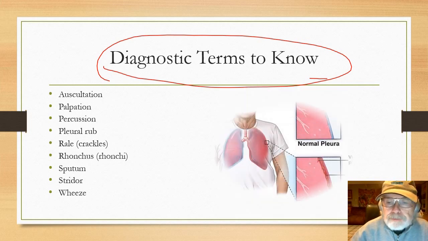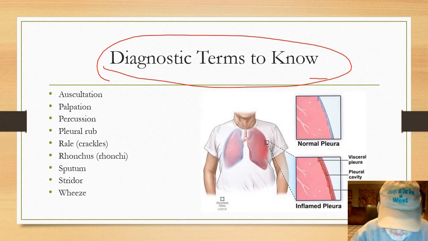A pleural rub. We know the pleura is that membrane that lines the inside of the chest and covers over the lung itself. Sometimes there'll be some inflammation of that pleura, and instead of being nice and smooth and slidey, it becomes sort of gritty and inflamed and rough.